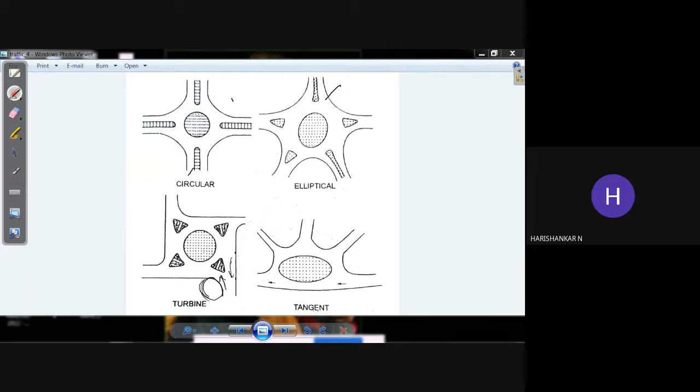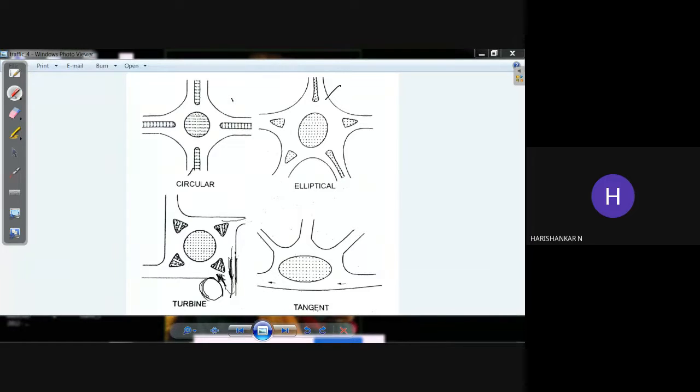This is always like that because in the entry direction the curvature will be more. Why is the curvature more at the entrance direction? Here you can see at the exit direction there is no curvature. The vehicle can directly exit without taking any curve. Here also the vehicle can directly exit without taking any curve.